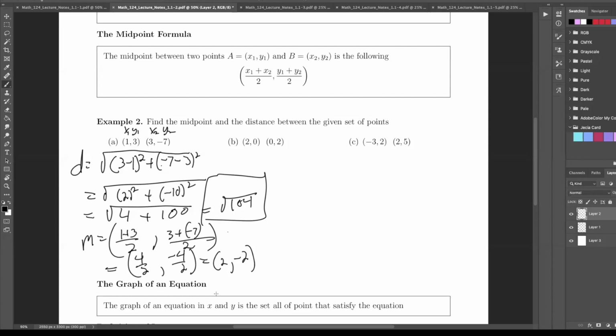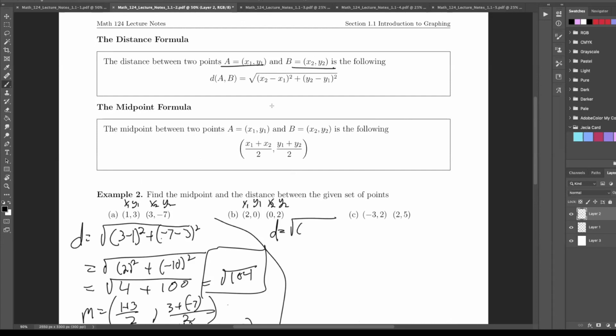All right, I'll do the next one, B, with you. Here the distance is the square root of 2 plus 2 minus 0 squared. Oops, I'm doing this backwards. Hold on. This will be x1, y1, x2, y2. Let me show the formula so I don't get anyone lost.